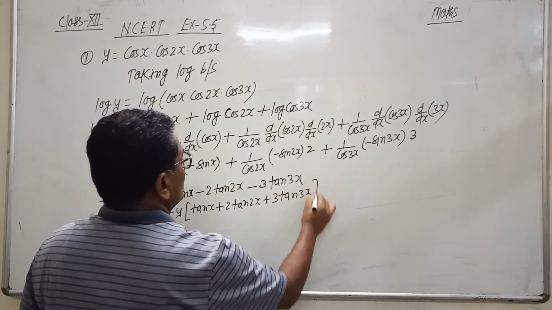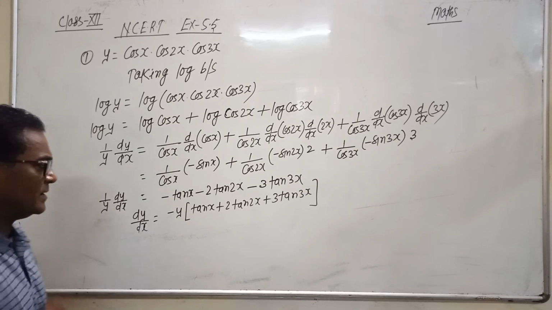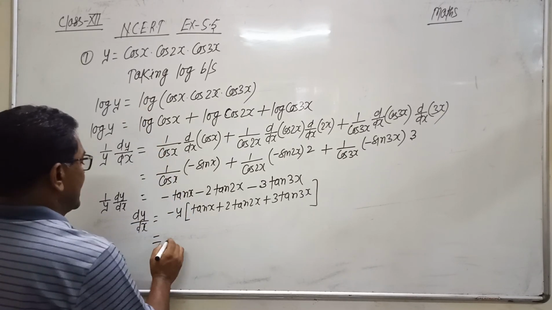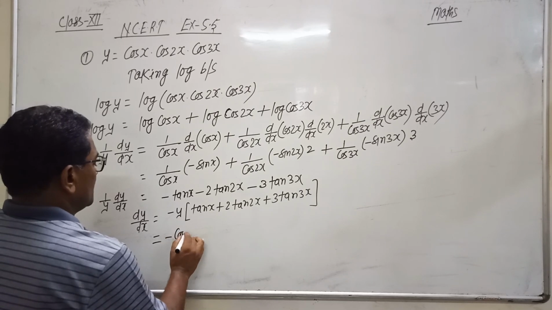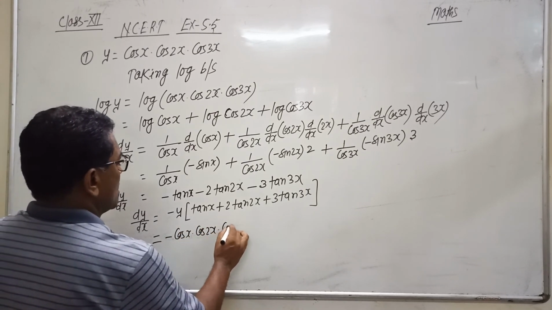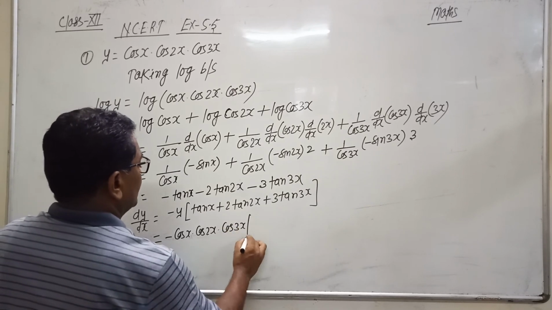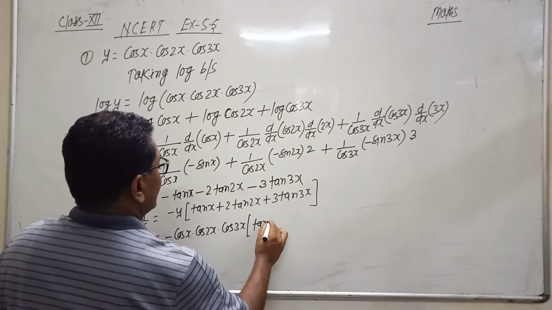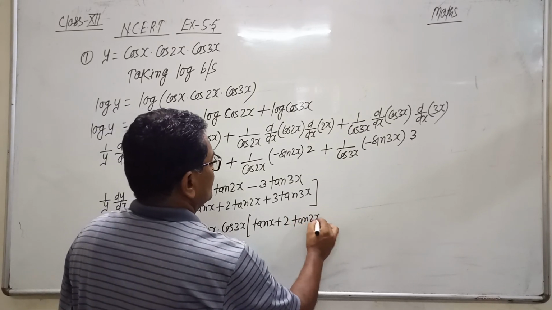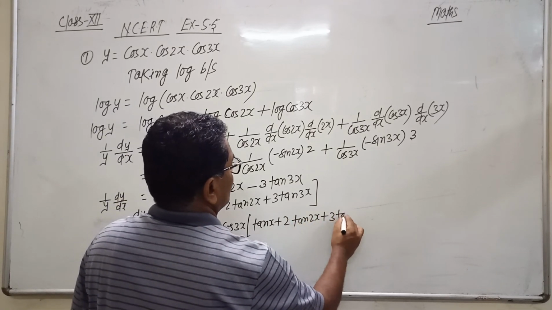Now we have to put the original value of y. So dy by dx equals minus cos x cos 2x cos 3x, and in brackets tan x plus 2 tan 2x plus 3 tan 3x.